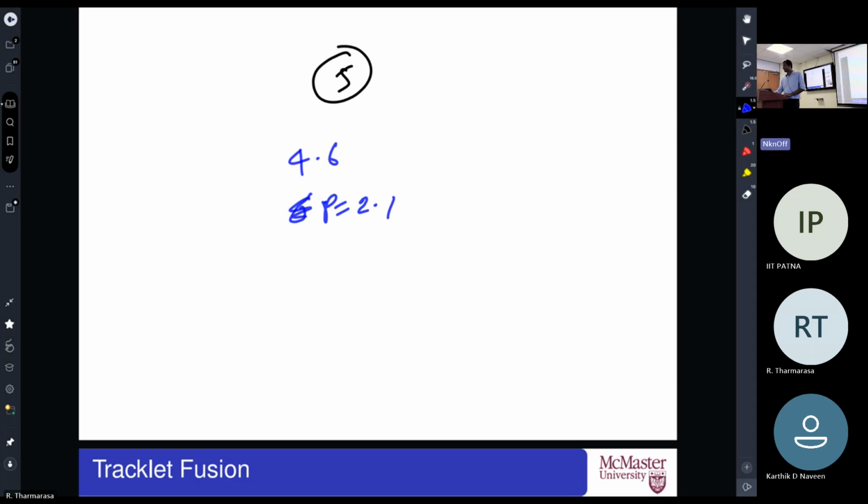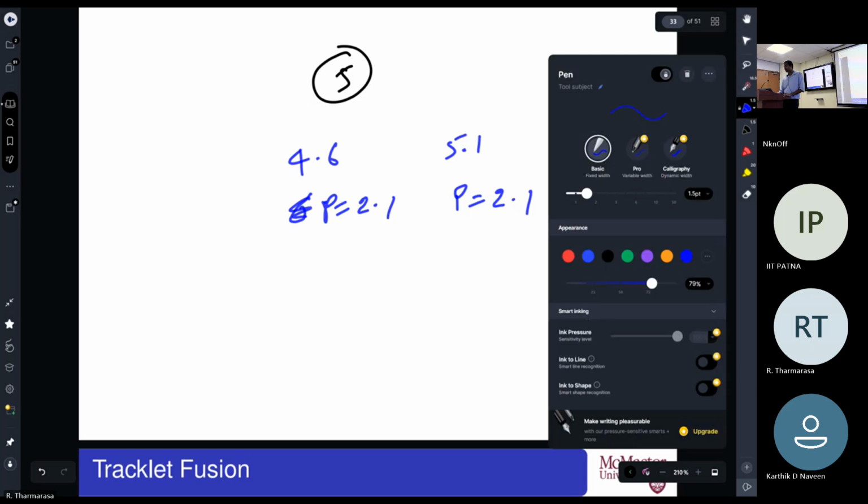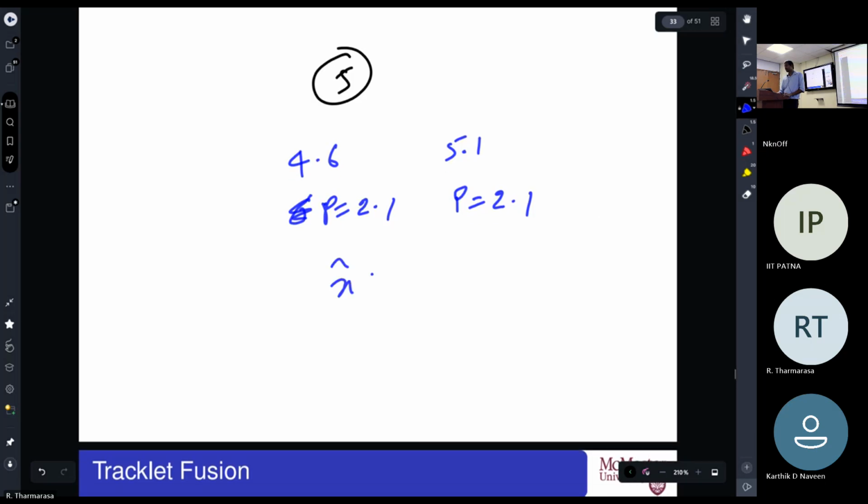And the other estimator says my estimate is 5.1 and my covariance is again 2.1. Okay, so in this case, what is the fused estimate? Because the covariance is the same, the fused estimate should be 4.6 plus 5.1 divided by 2. Are you okay with that?